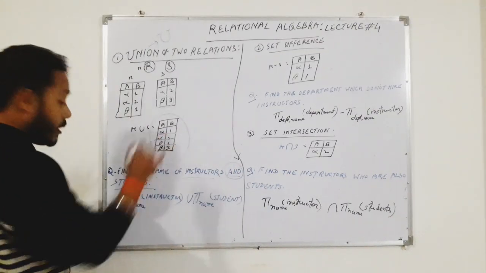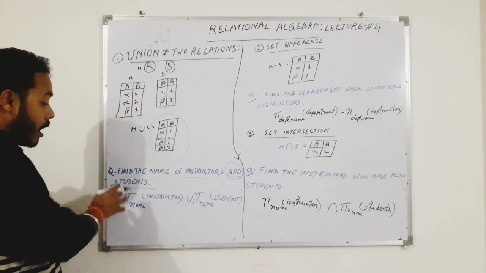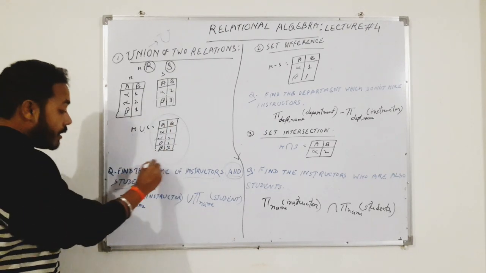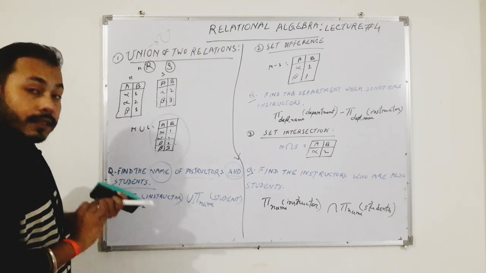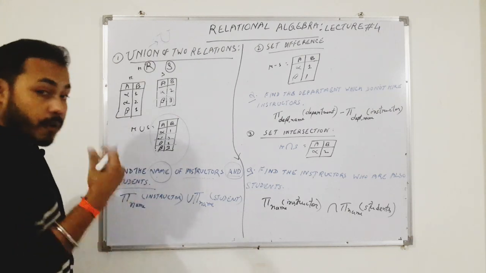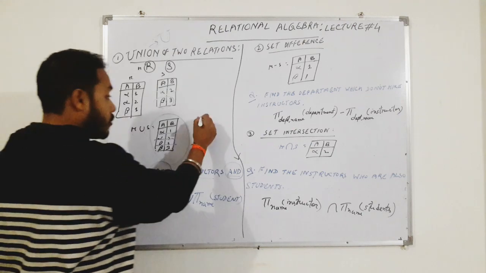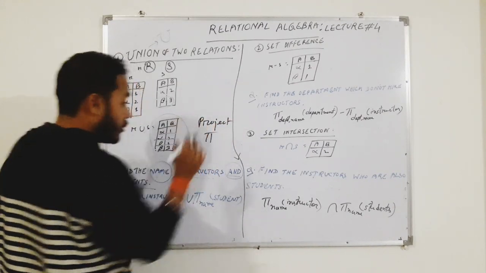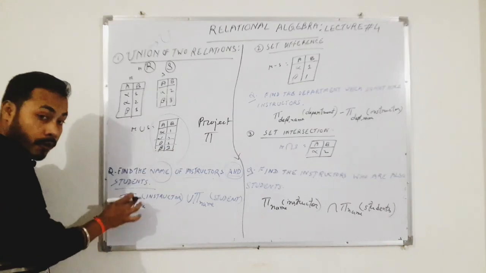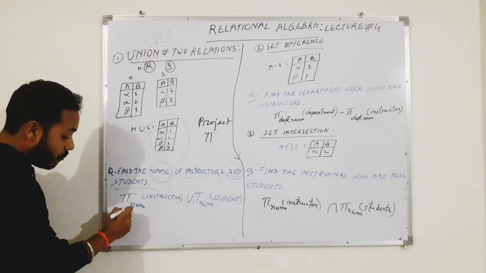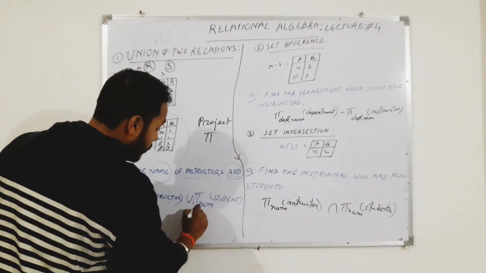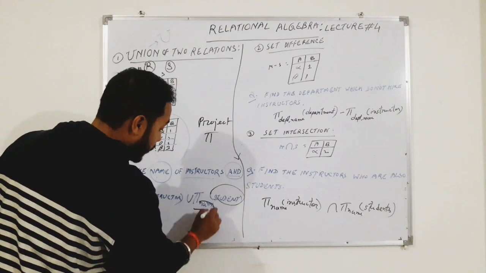So what will be the relational algebra expression for that? Of course we are concentrating on name, and name is an attribute here, so the operator we will use is of course the project operator, this one. So project on instructor for name, union, project on student with respect to name.